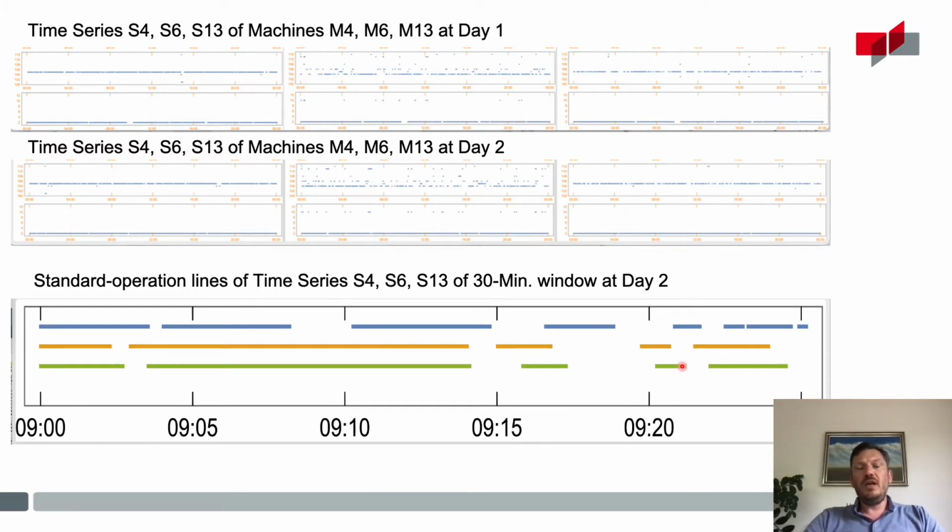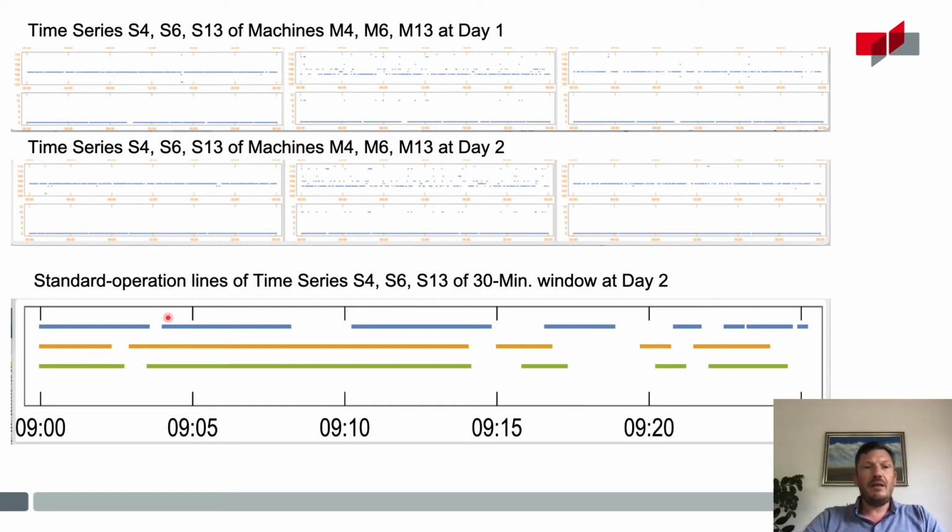So what we can do here is we zoom in on day 2 on a 30-minute window rather than 24 hours. And in fact, we will find interruptions. And we find interruptions that seem to be in some sense correlated. So here we have an interruption in all 3 2 lines.